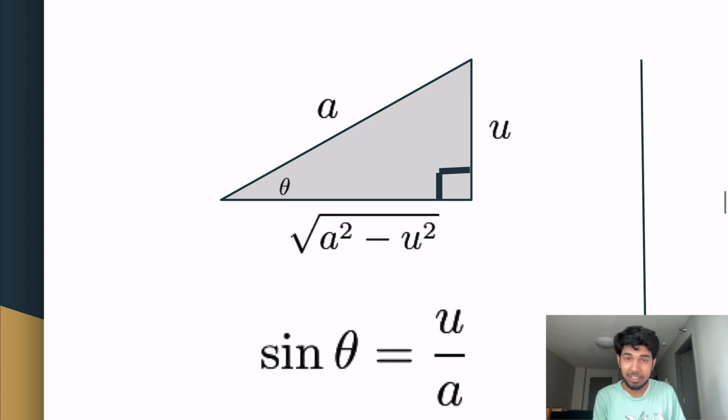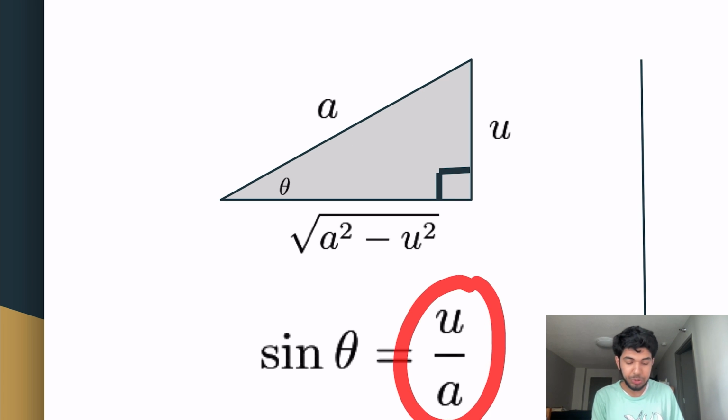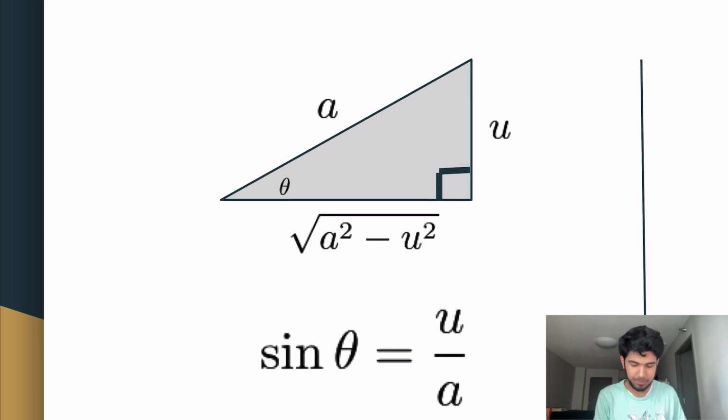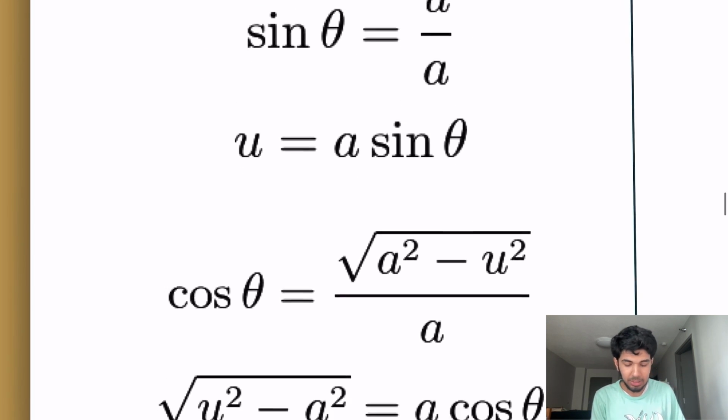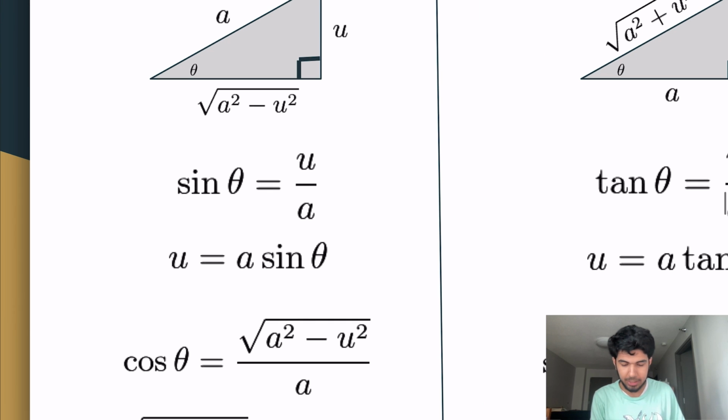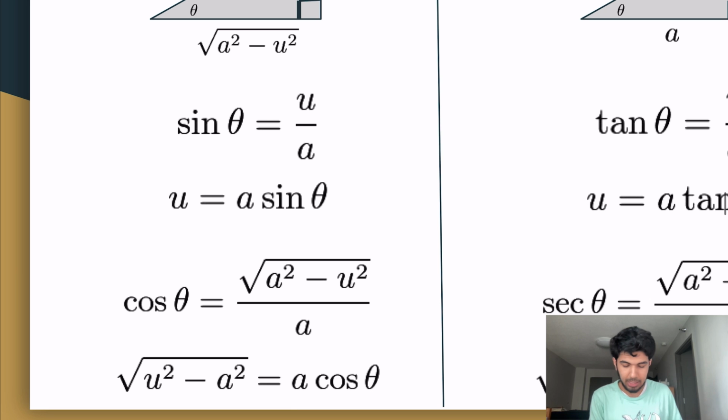If we take sine of theta, that's equal to u over a for our triangle, which means that u is equal to a sine of theta. And this is good because we can also get cosine of theta being this over that, and we get a cosine of theta is equal to the square root of a squared minus u squared.